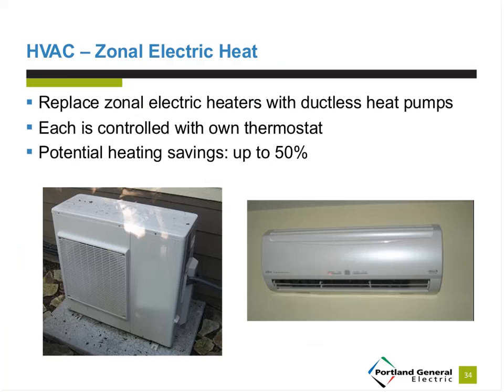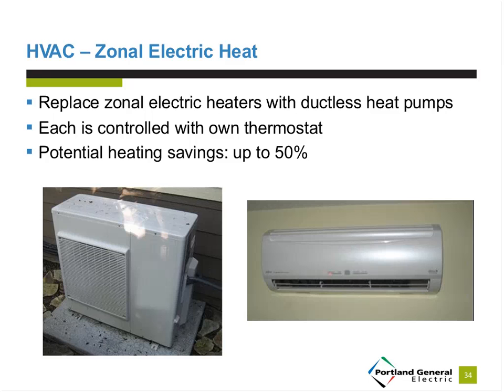Zonal electric heat. Zonal heater. So think of, if you ever lived in an apartment, you've seen baseboard heaters. Those are long heaters that are cheap, and you find them in apartments, and they run along the floor.